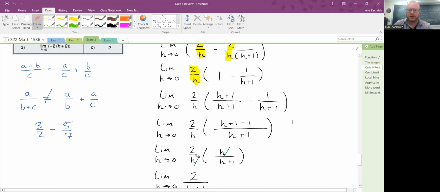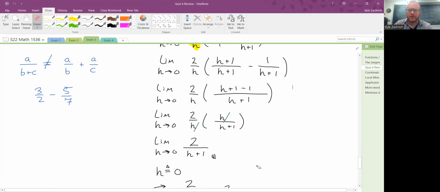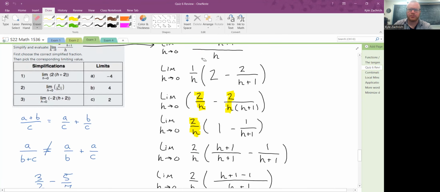I end up with h on top, h on bottom, so I'm canceling it out. All of that work is just to get that h out of the denominator.